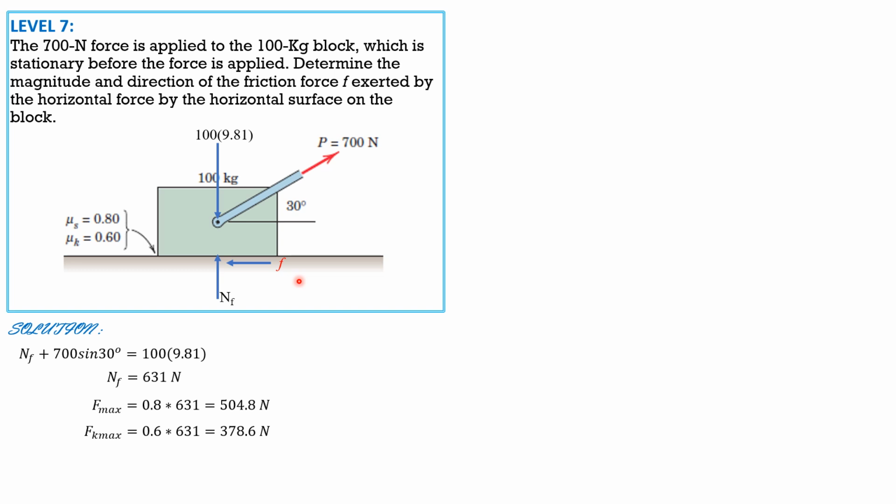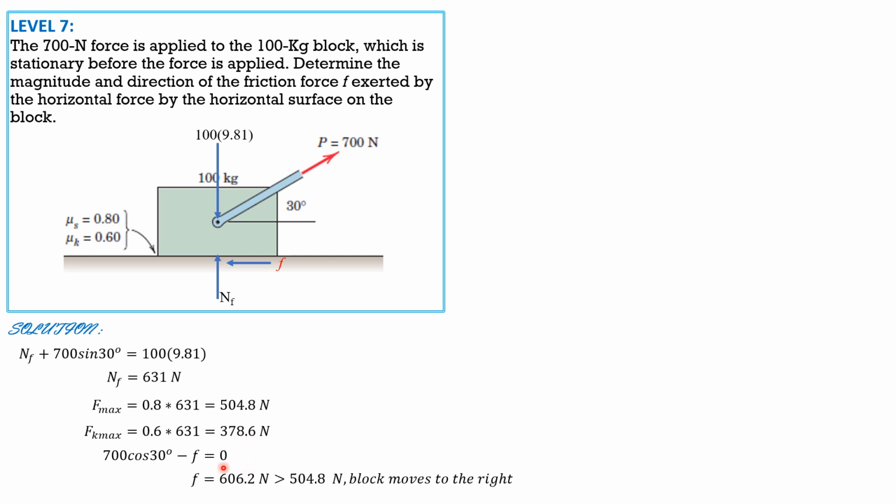Summation forces horizontal equals 0. 700 cosine of 30 minus F equals 0. So that means F is 606.2 newtons, which is greater than the maximum frictional resistance for which the block will remain at rest.